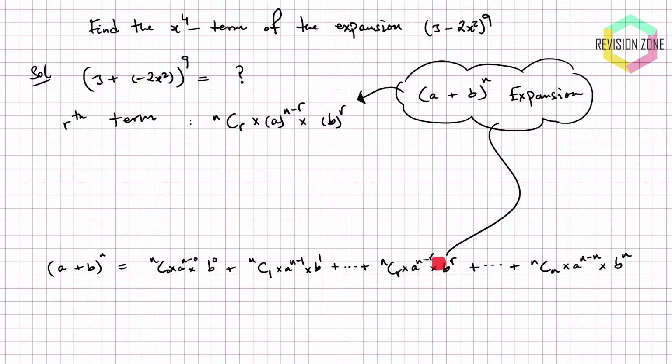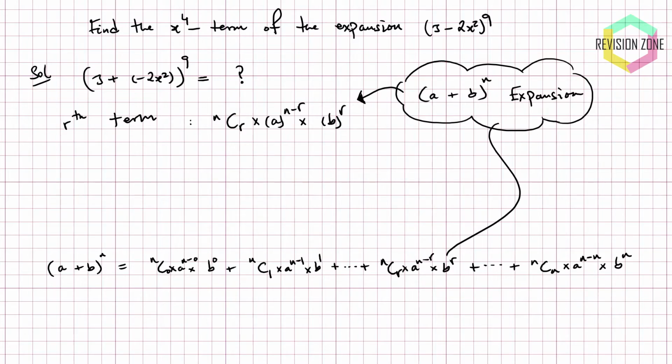The reason this has an r in it is because this is actually the general term for all of these terms. If you choose r to be 0, you get this term here: n choose 0, the power of a is n minus 0, and the power of b is just 0. If you pick r to be 1, you get this term: n choose 1, a to the n minus 1, and b to the 1.